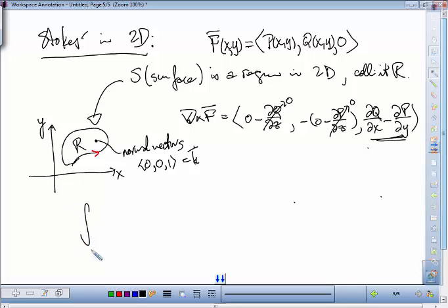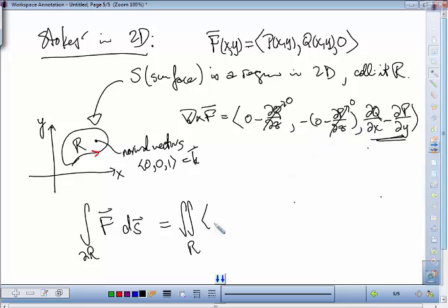So the line integral is over the boundary of the surface, sorry, the boundary of that region R. Technically it's a flux integral, so let me do the flux integral first. Pretend it's a flux.